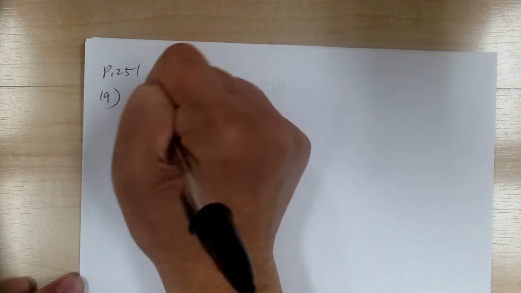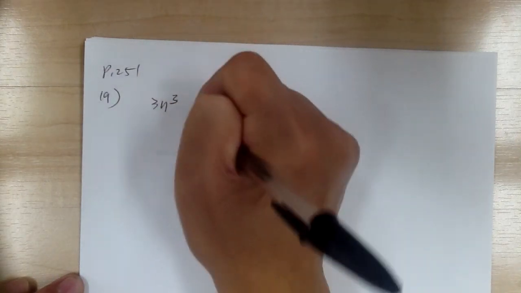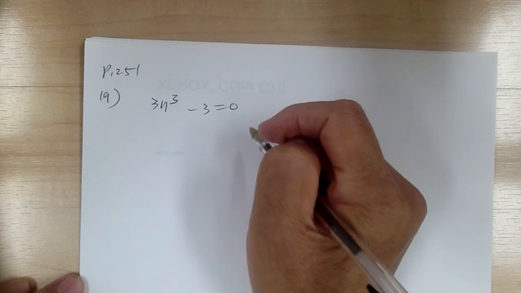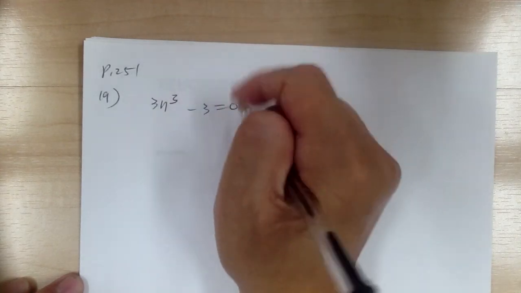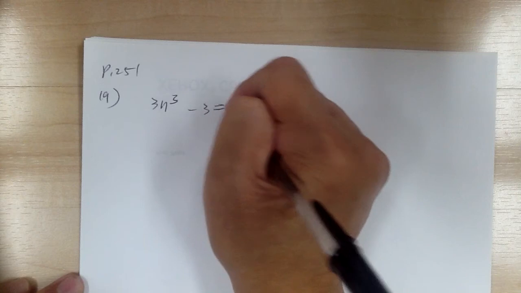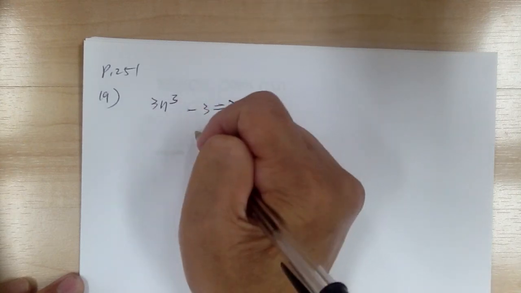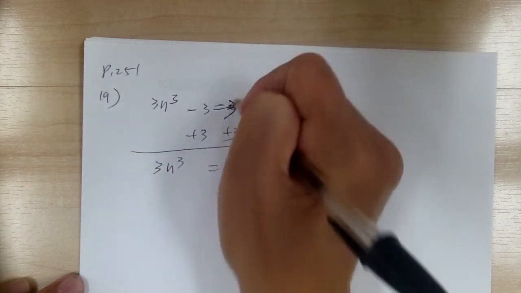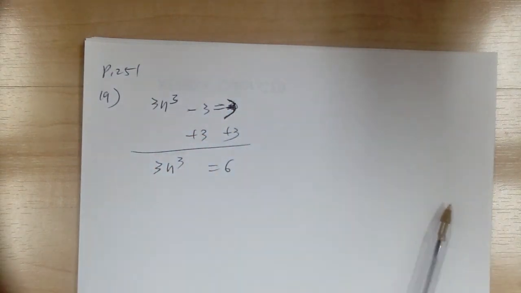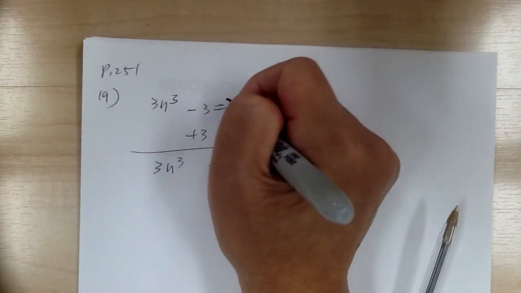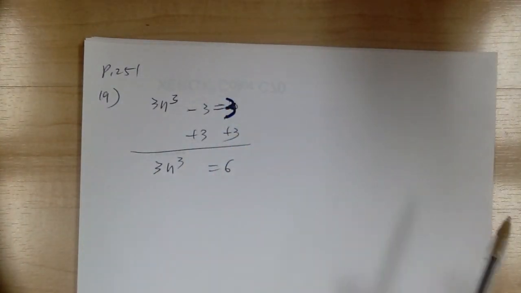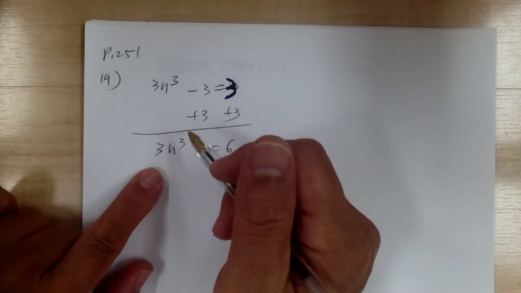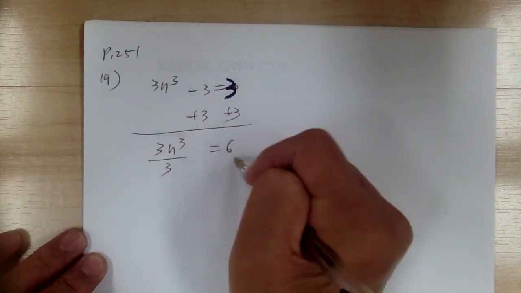Okay, let's go to number 19. We have 3n cubed minus 3 equal to 3. First, let's go ahead and add 3 on both sides. So you get 3n cubed equal to 6. Then you want to get rid of that 3, so divide by 3.